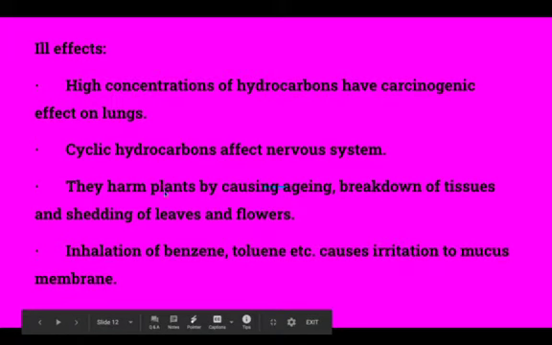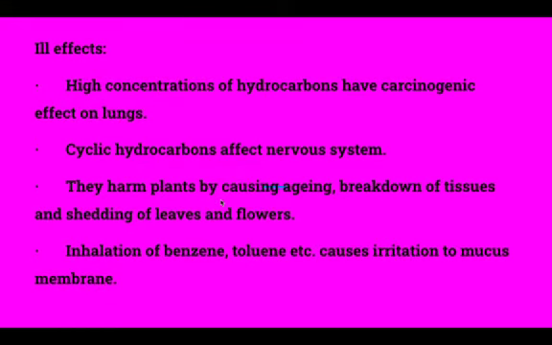And hydrocarbons can harm plants by causing aging, breakdown of tissues and shedding of leaves and flowers, because the metabolic rate of plants is increased. So, their metabolism is affected. As a result, it can cause aging in plants, shedding of leaves and flowers, etc.